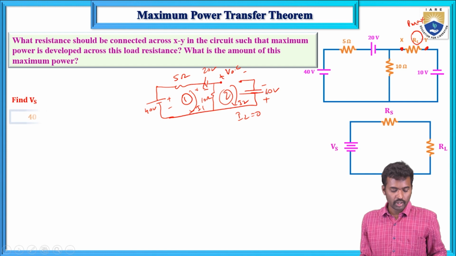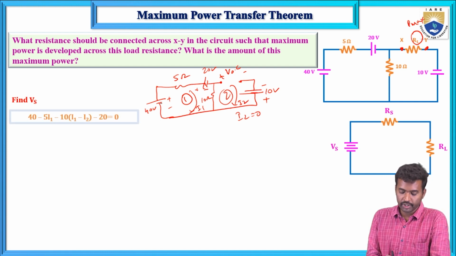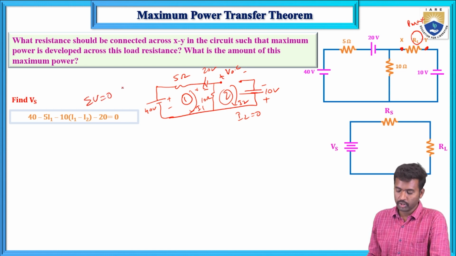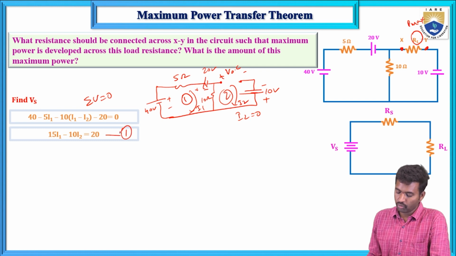Applying KVL in mesh 1: 40 minus 5 I1 minus 10 (I1 minus I2) minus 20 equals 0. The algebraic sum of voltages in a loop equals 0. So 15 I1 minus 10 I2 equals 20, that is equation number 1.